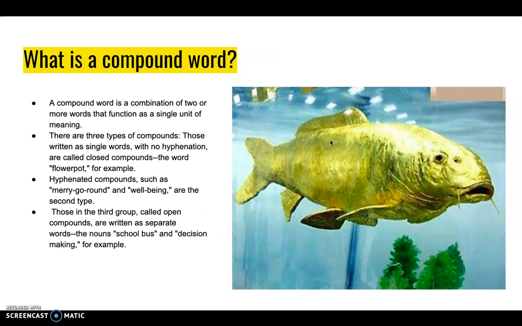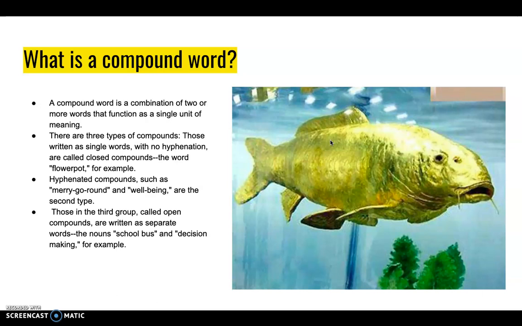What is a compound word? So your third option for this project is expressing a compound word. A compound word is a combination of two or more words that combines to create one word, right? So there are three types of compound words. You've got one written as its own word. It has no hyphenation, right? Like flower pot. That's one word, okay?